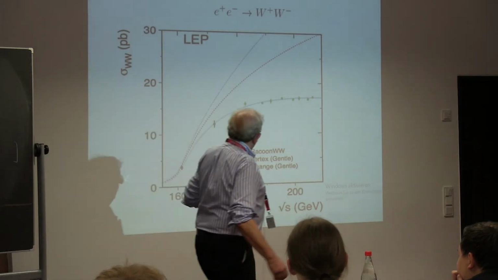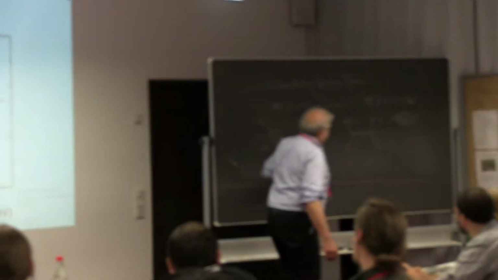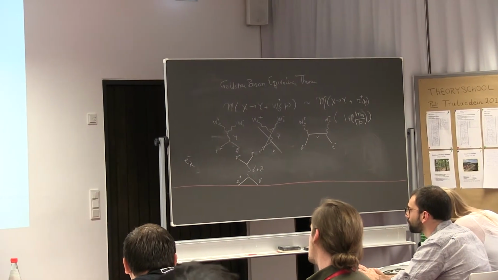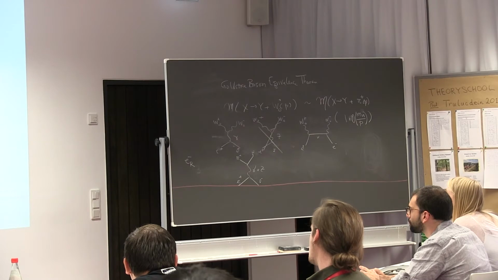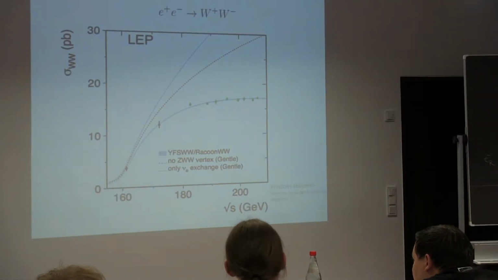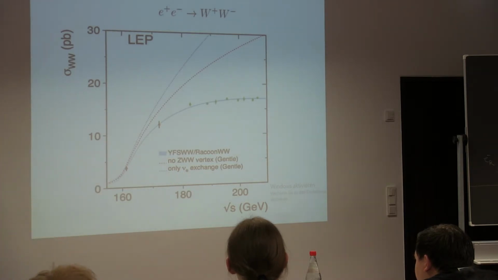The lower curve is obtained by removing this diagram. And as you see, it's a total disaster with respect to agreement with the data. And the upper curve is including only the neutrino exchange diagram, as people might have done before they understood the full electroweak gauge theory. So if you don't have SU2 cross U1, it's a disaster. You have SU2 cross U1, it's perfect. It's really a very beautiful success of the standard model. Okay.